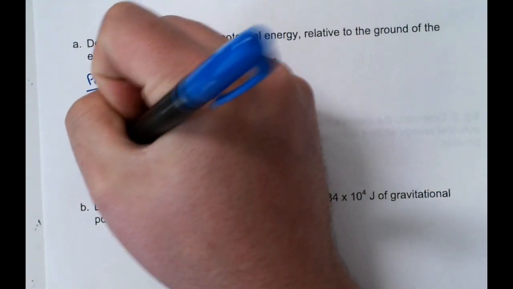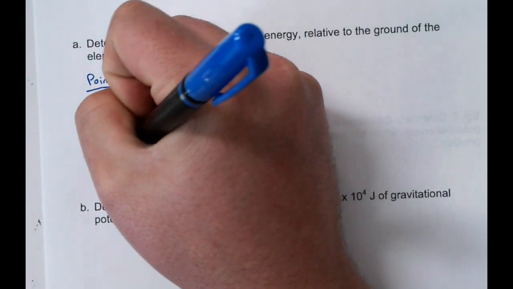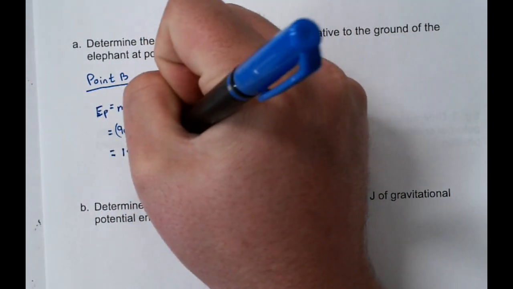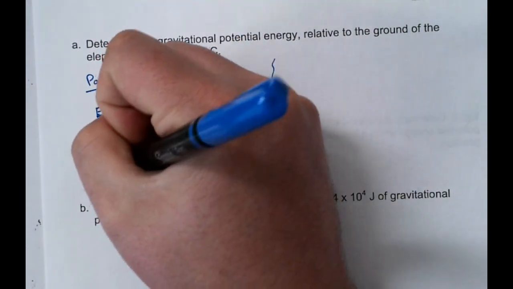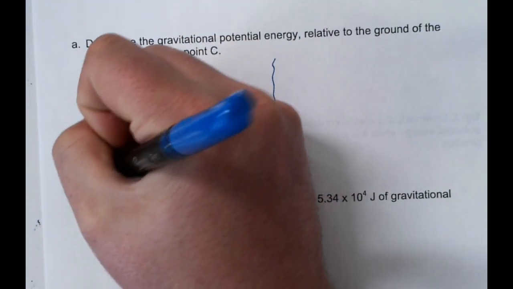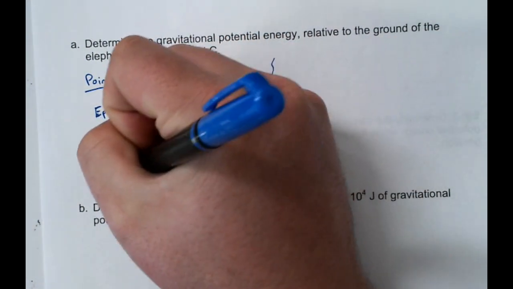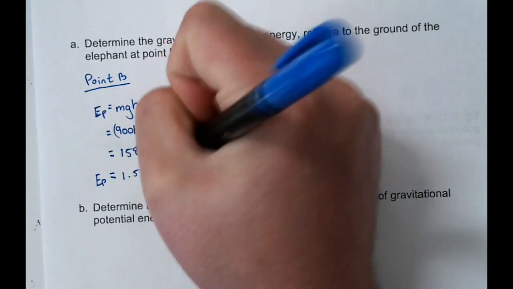When you plug that all into your calculator, you get 158,922 joules. Taking into account significant digits and scientific notation, your potential energy at point B is 1.59 times 10 to the 5 joules.